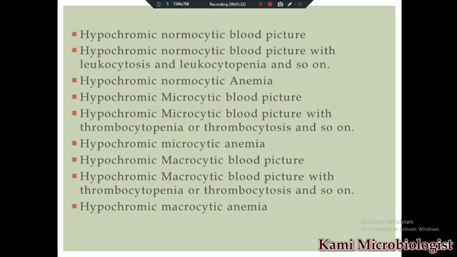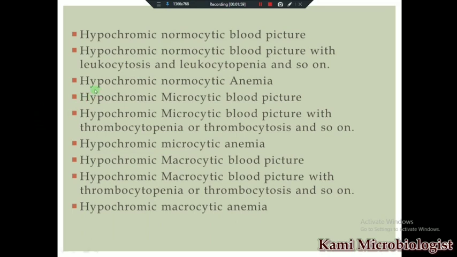We call it hypochromic, but the RBC size and shape is normal, so we call it hypochromic normocytic. When there are high or low leukocytes, we say leukocytosis or leukocytopenia. And when there are high or low thrombocytes, we say thrombocytosis or thrombocytopenia.